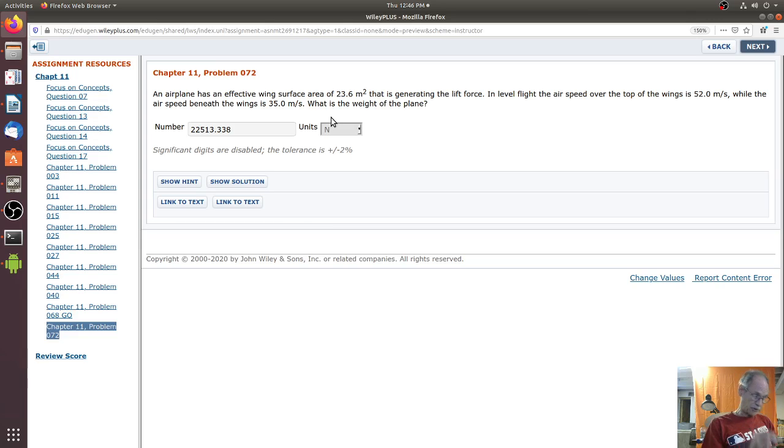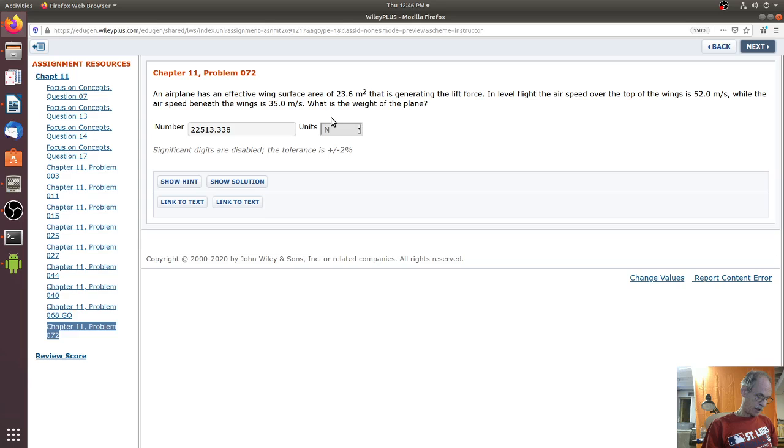So now the pressure difference between the top and the bottom is what's causing this airplane to have lift. The pressure below the wing is going to be greater than the pressure above the wing.